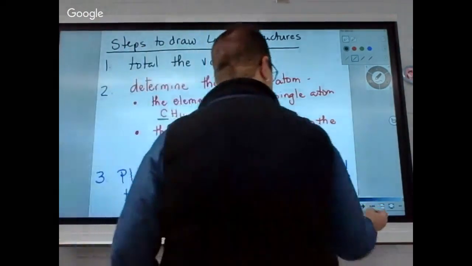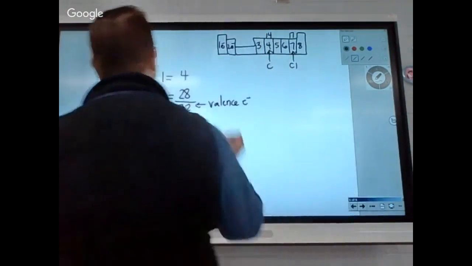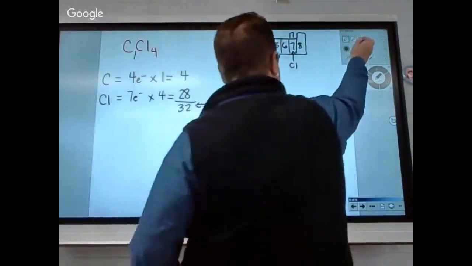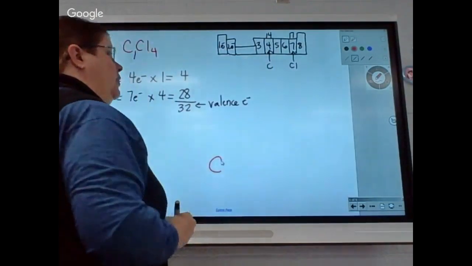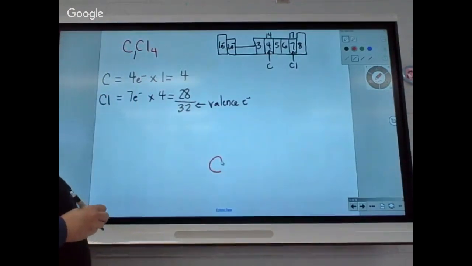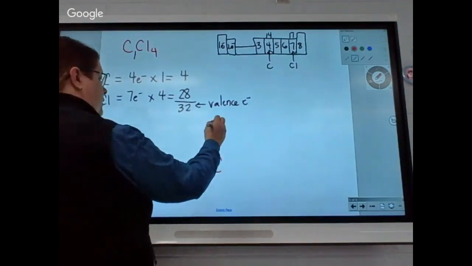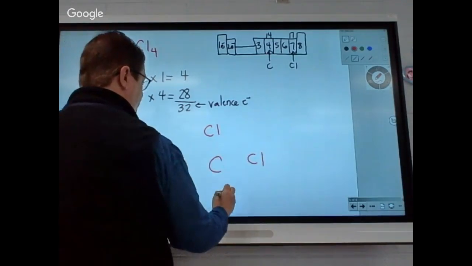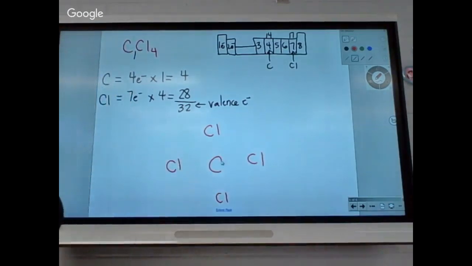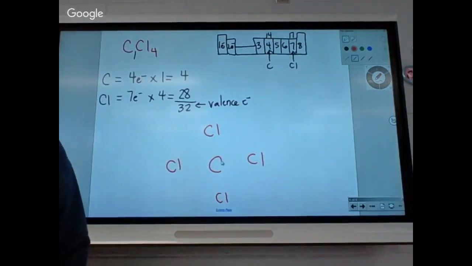So, how many Cl's do I have? I have 4, so I'm putting 4 chlorines around my carbon: 1, 2, 3, 4. If it had said 3, I'd have drawn only 3 chlorines.